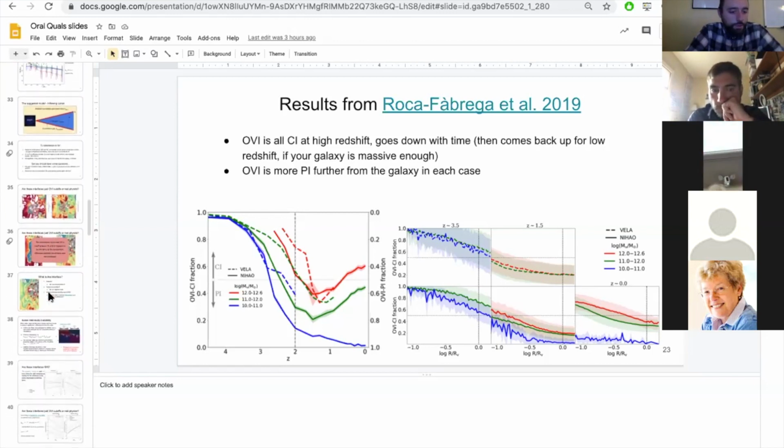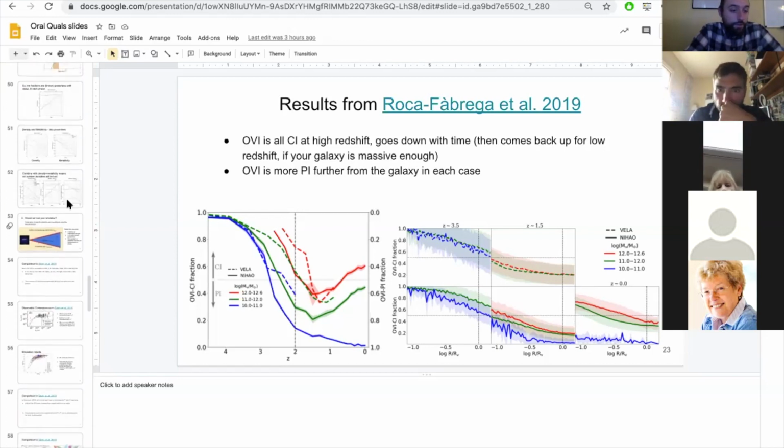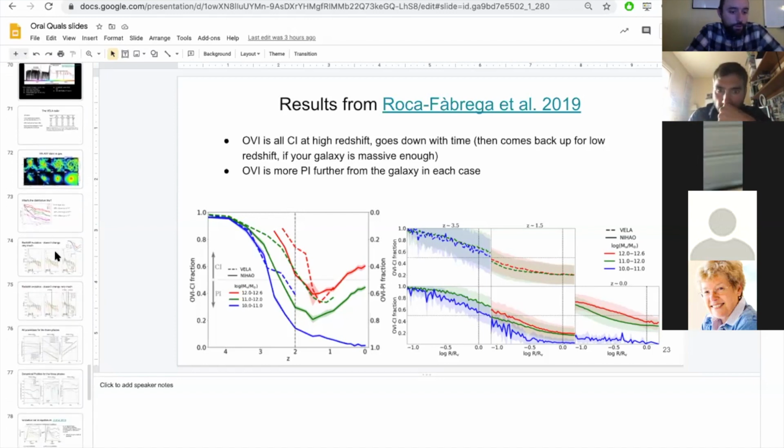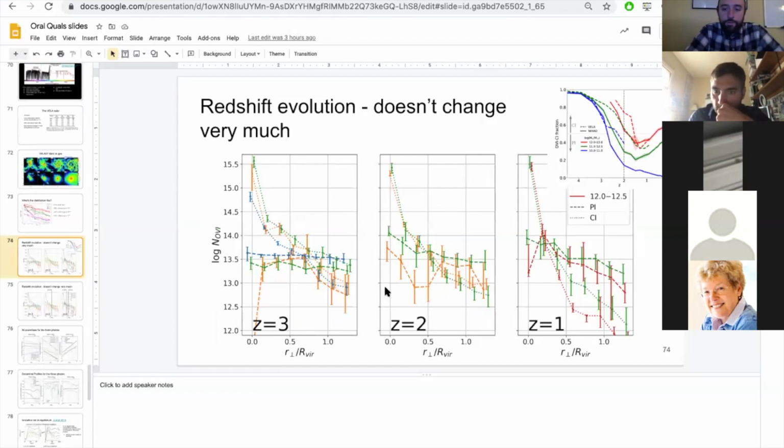So I'll just show a picture. As you said, this doesn't go to redshift below 1, but this does show how it evolves at redshifts above 1. And it doesn't really change that much.